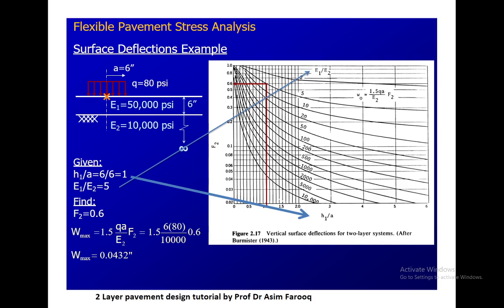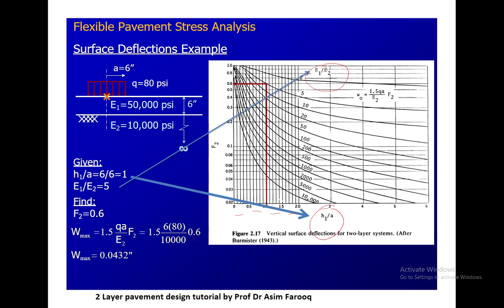So the question is how to select. First of all, we will go for the value of h1 by a. As you can see at the bottom, we have a graph starting from 0, 0.5, 1, 1.5, 2, 3, 4, and so on. Similarly, on the other side, we have the value of E1 by E2. From here, we will select the specific curve where the value is 5.